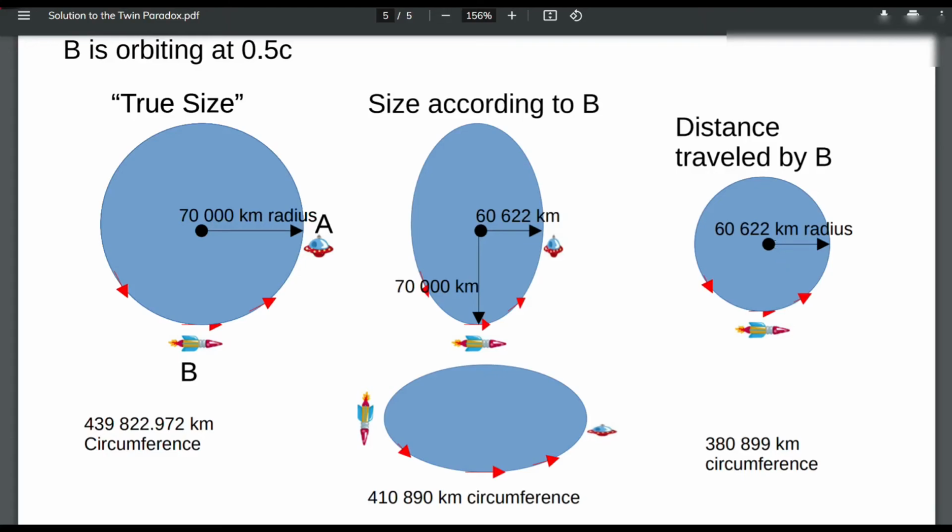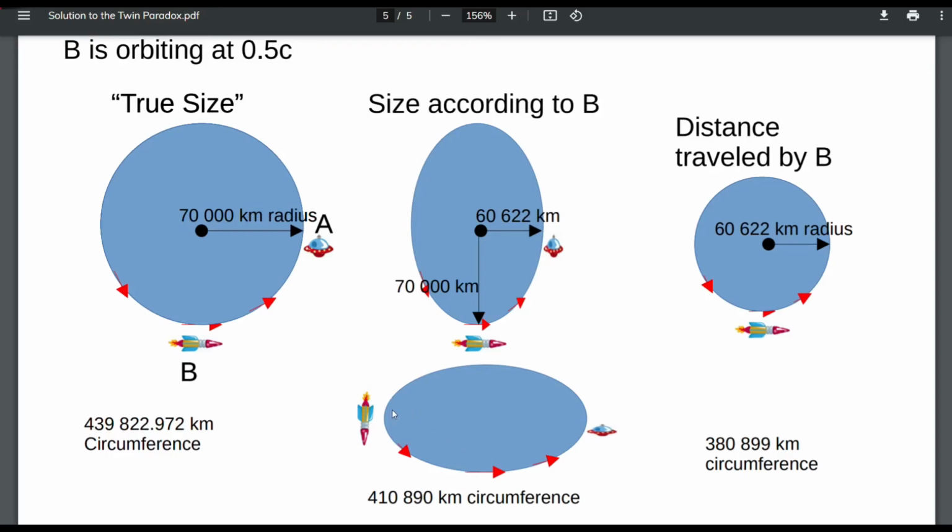Although it sees its circumference being smaller than the planet's true circumference, it never actually enters the body of the planet. But one thing to note is that the ship's own interpretation of the circumference in this case is 410,000 kilometers, yet it only travels 380,000 kilometers. So it actually travels less distance than its interpreted distance of the orbit.